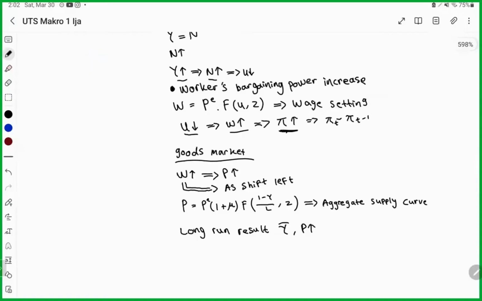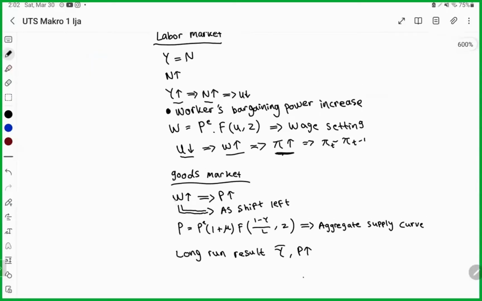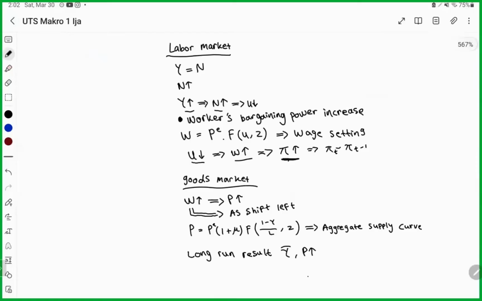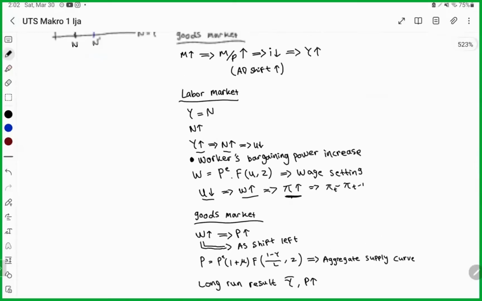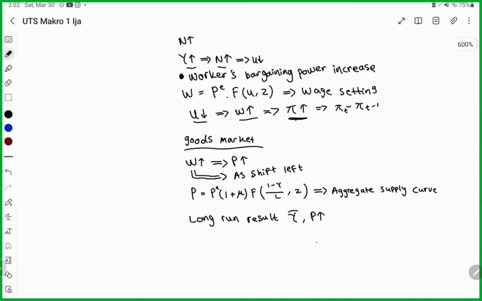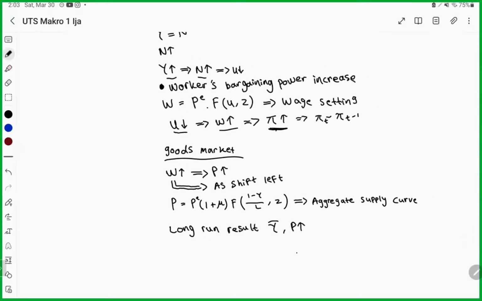And in the long run, because wage increases, there is a shift in aggregate supply. Aggregate supply shifts to the left because in the aggregate supply equation here, wage is basically this function. So when this function increases, then the price will increase.